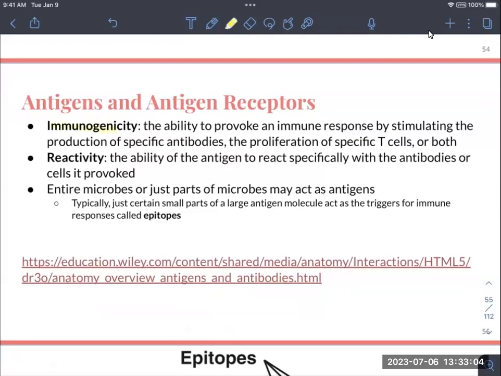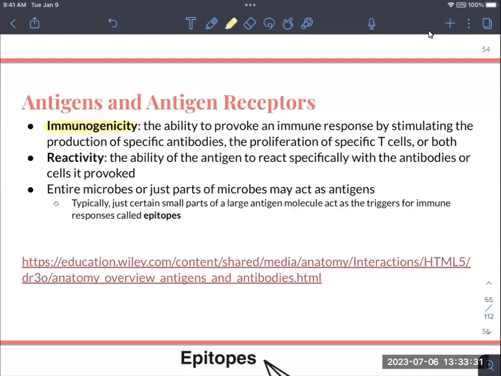Immunogenicity, that is the ability to actually start an immune response by stimulating specific antibodies. So that proliferation of T cells, B cells, or both.